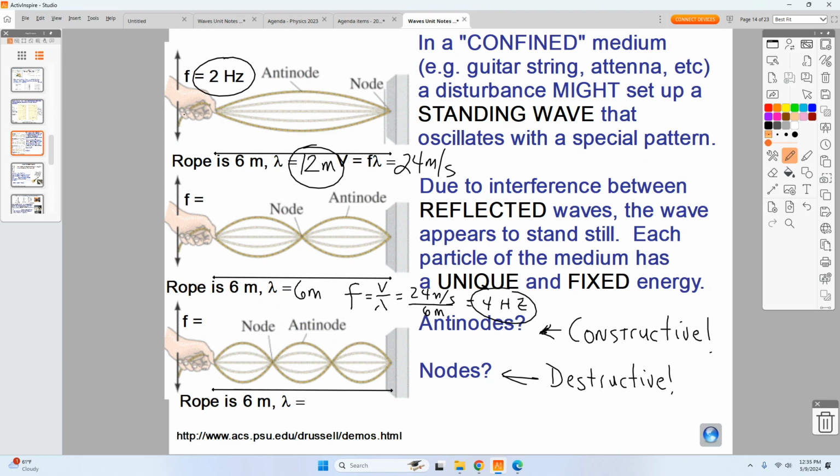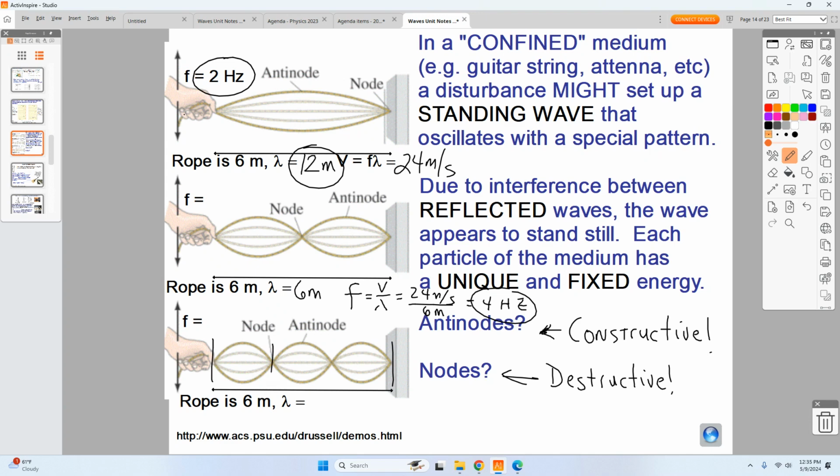12 meters, 6 meters. This way, would you agree it's smaller as I increase the frequency? Smaller? What is that wavelength? Thank you for trying. It's not 3. 3 is smaller than 6. Is there a way that you could look at this diagram and sort of break it into segments?